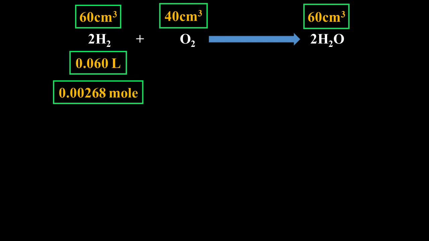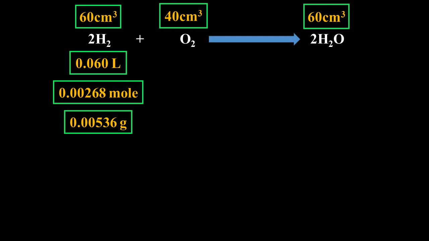So I know the volume of each, now I want to determine the moles of each. So the moles of hydrogen will be 0.00268 moles. So half of that will be the moles of oxygen, and it'll be 0.00268 moles of water.